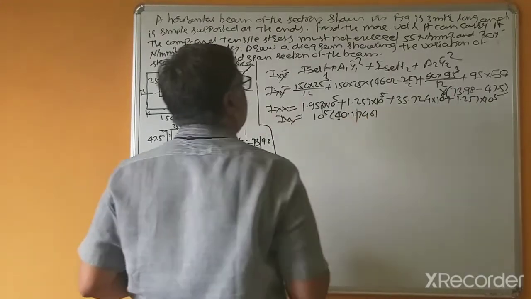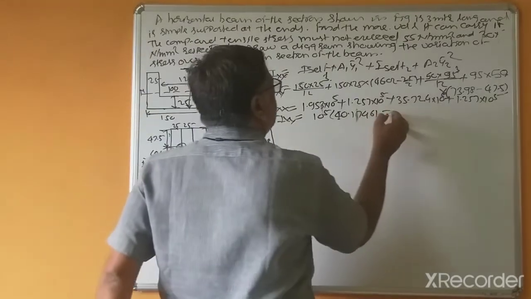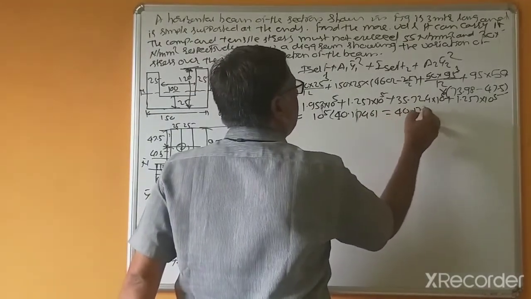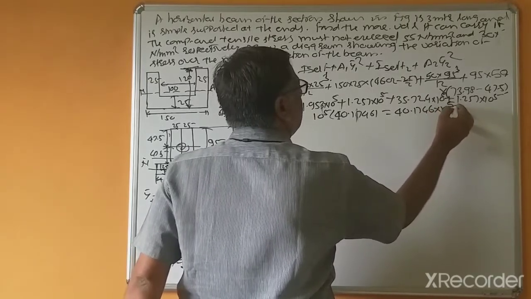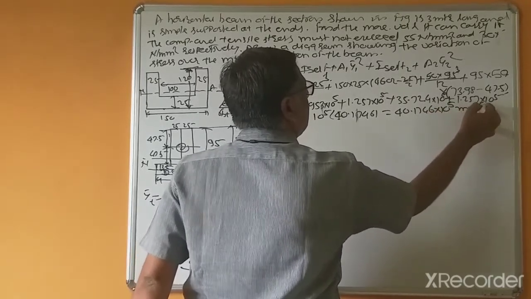This is 40.1746, or 40.1746 into 10 to the power 5 mm raised to 4.